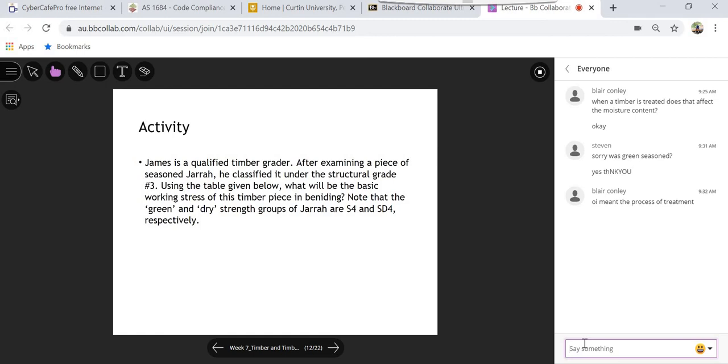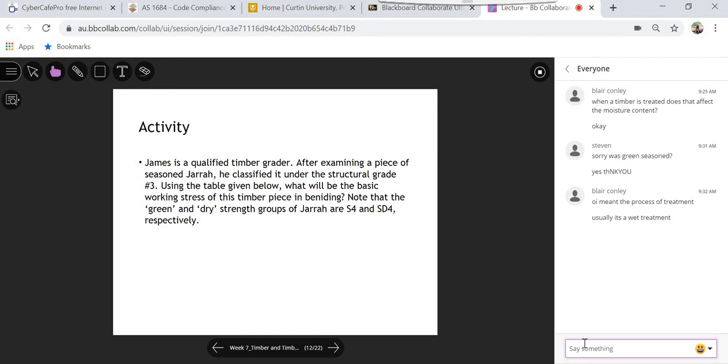To reduce the moisture content to a certain limit, we need to do seasoning, either air seasoning or kiln seasoning. That's how we reduce the amount of moisture content.